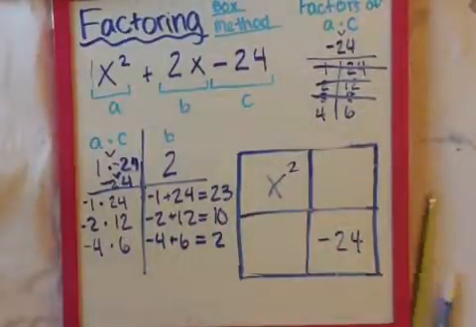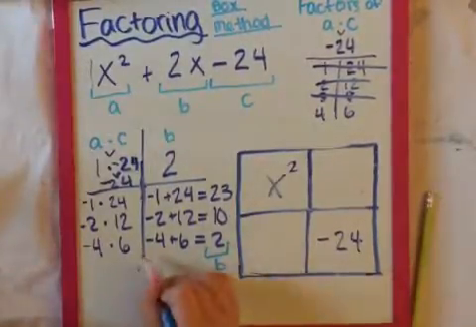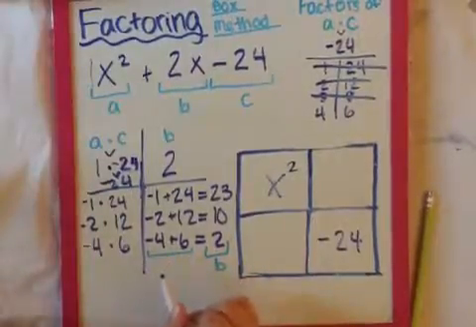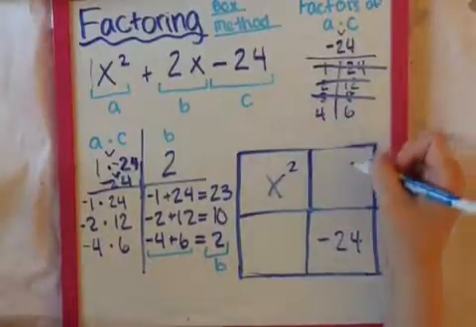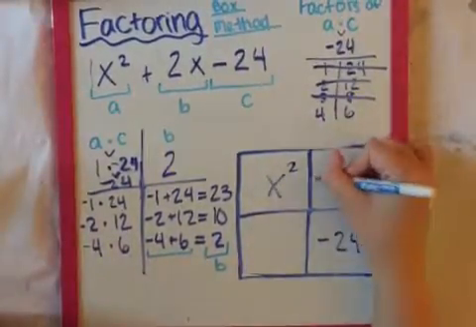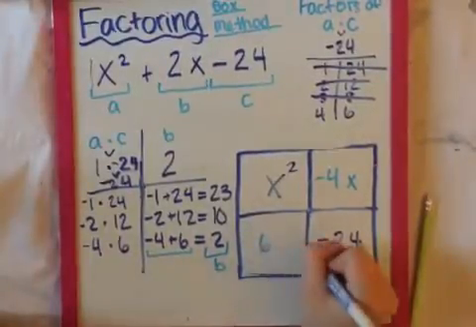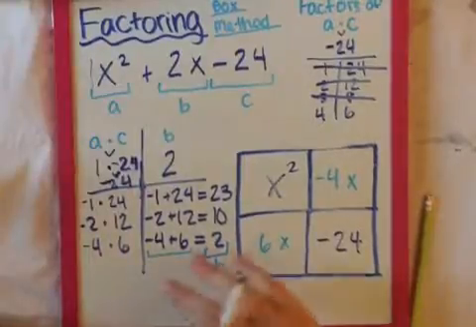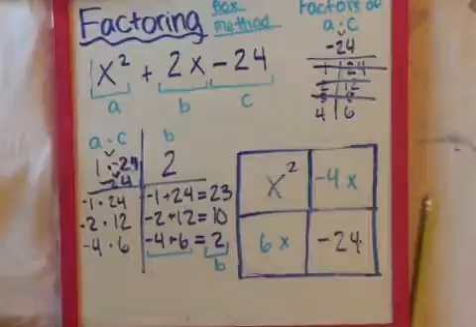So I'm going to go ahead, and you see how we had, this is B, and we are going to take these integers and plug them into the box. So we're going to take the integer negative 4 and add an x, and then 6 and add an x. And you can switch these any way you want. This is just how I've chosen to do it, but it's not in any particular order.